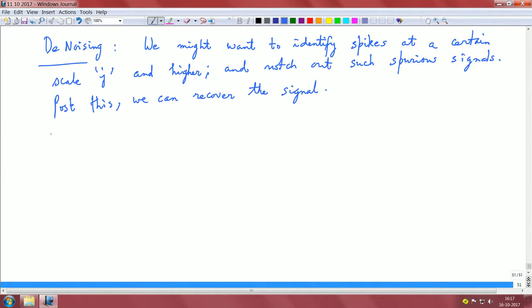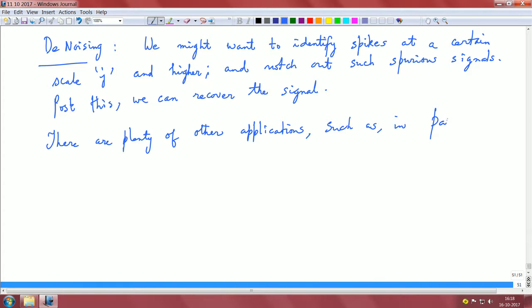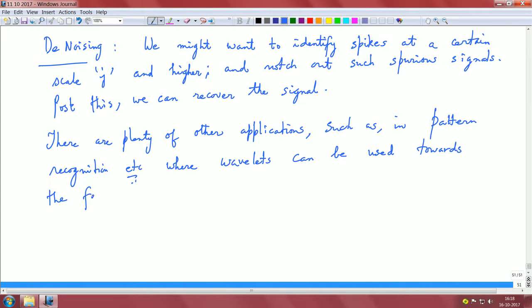And I would also suggest that there are plenty of other applications, such as in pattern recognition, etc., where wavelets can be used towards the feature extraction step.